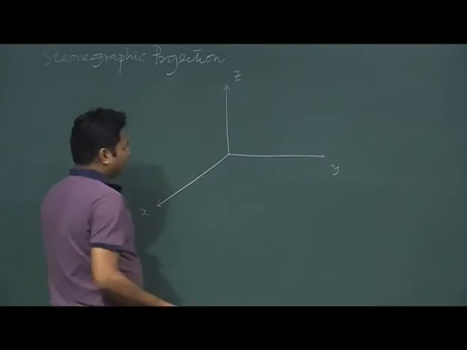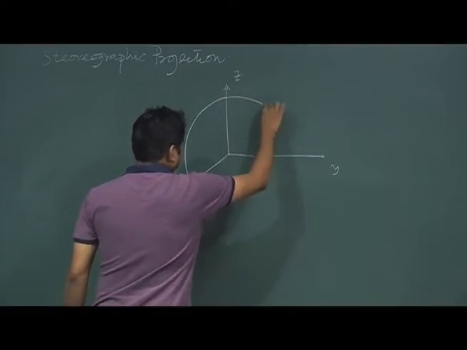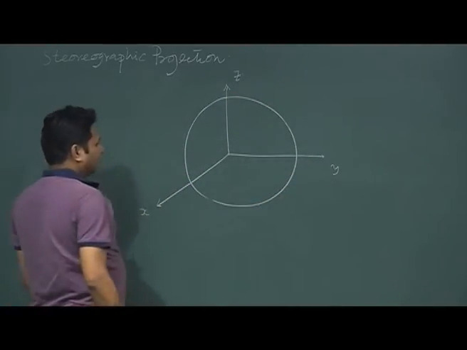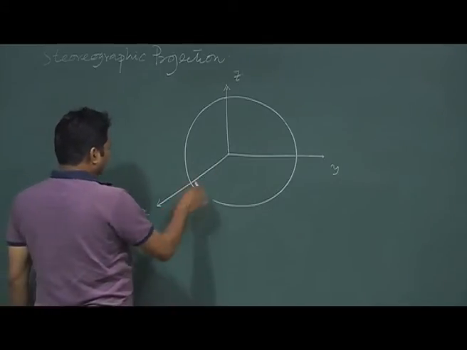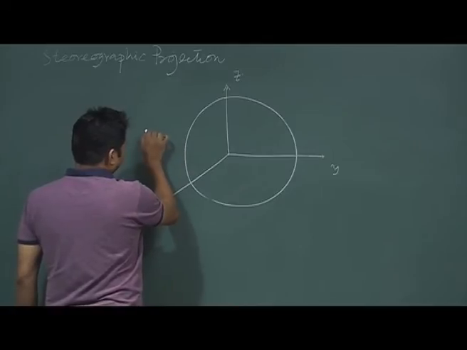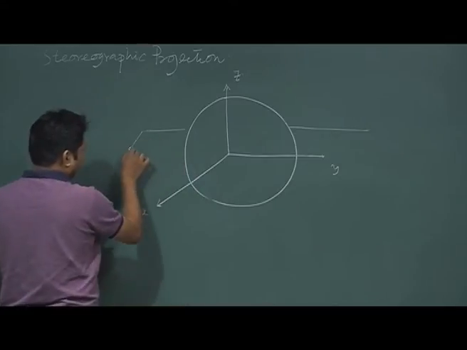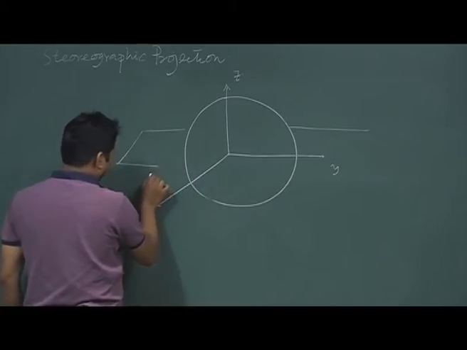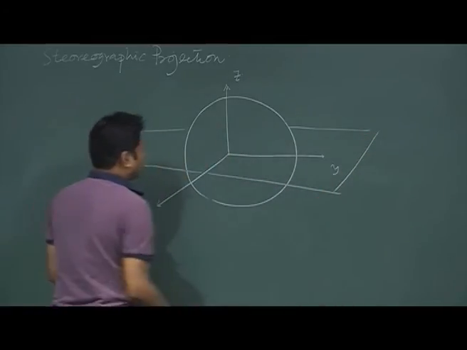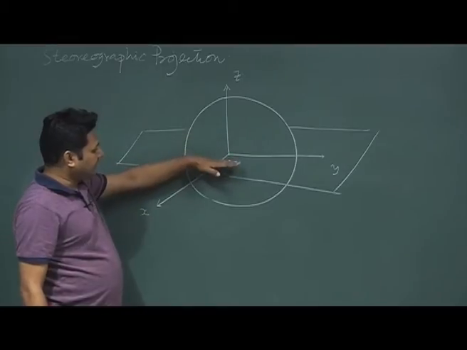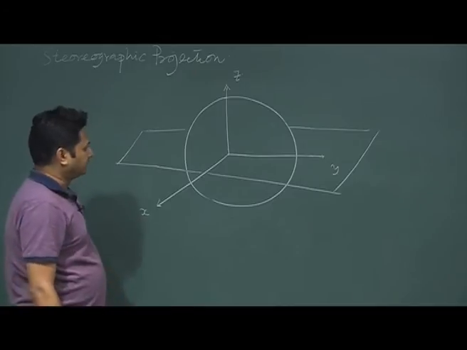And now I draw a unit sphere over that, encircling this particular coordinate system, where this is the plane, and the circle is exactly in the middle, so that the plane falls in this way.